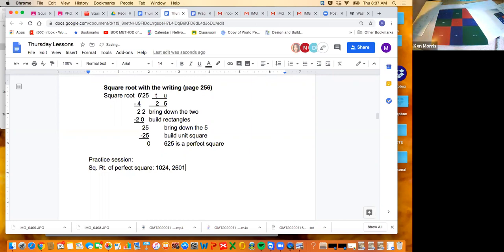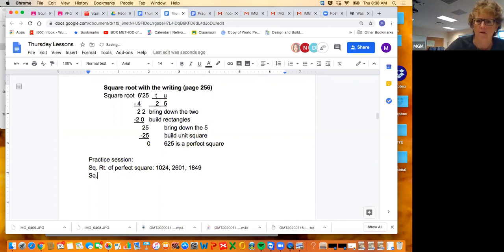These numbers you'd never guess that they're perfect squares, but they are. And I have one more you can try: 1849. If you don't have the materials, just do it on graph paper. So that's the square root of perfect squares.